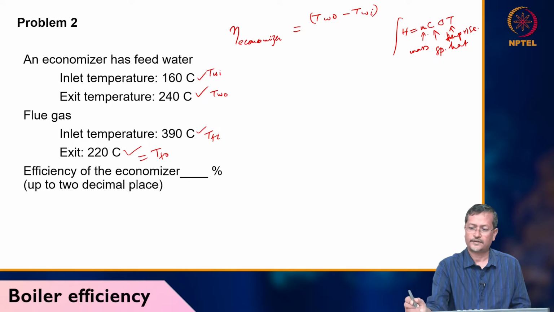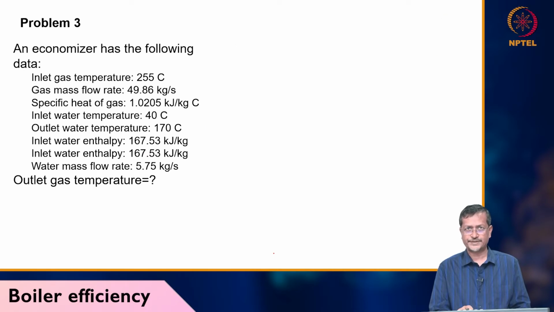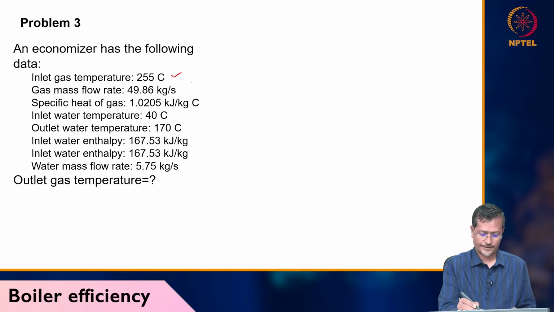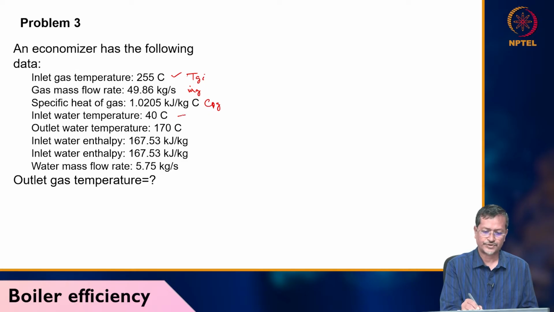Now here is another problem. An economizer has the following data: inlet gas temperature 255 degrees centigrade, TGI, gas mass flow rate m gas given, specific heat of gas Cp gas, inlet water temperature, outlet water temperature TWO, inlet water enthalpy, water mass flow rate m water dot.